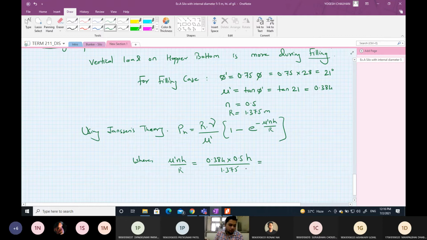So this will be 0.384 into 0.5 divided by 1.375. So it will be 0.14 H.